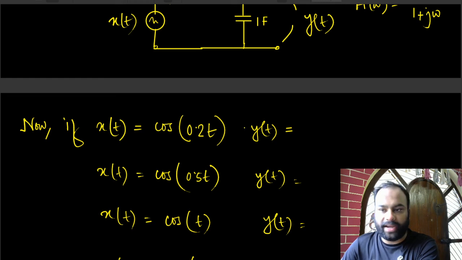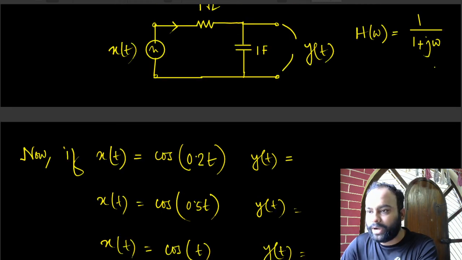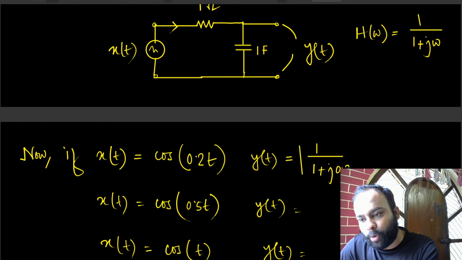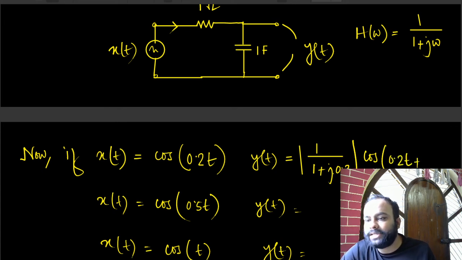Omega is 0.2 radian per second, right? So the output is 1 by mod 1 plus j into 0.2. So instead of omega, I have put that. Output would be cos 0.2t plus angle of this.